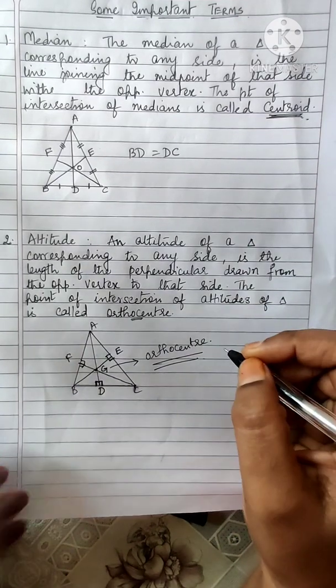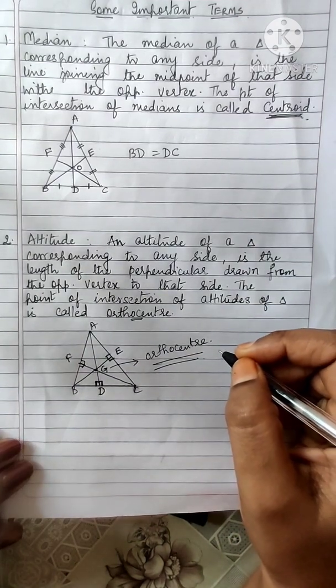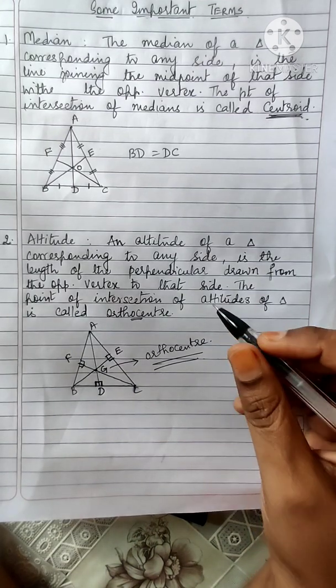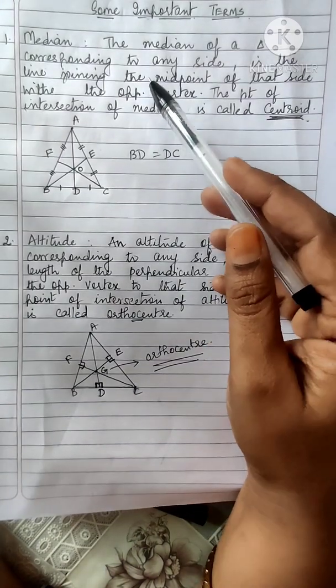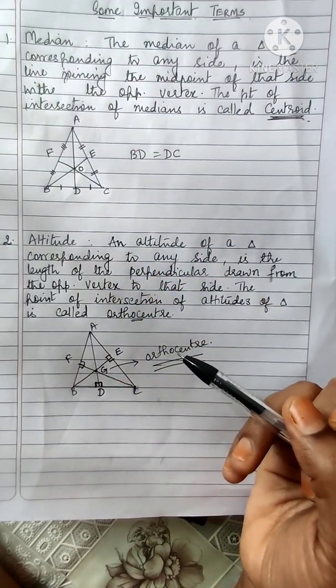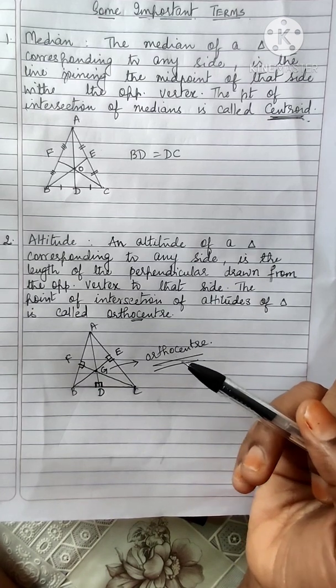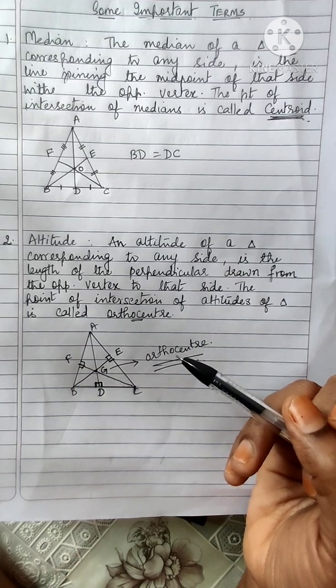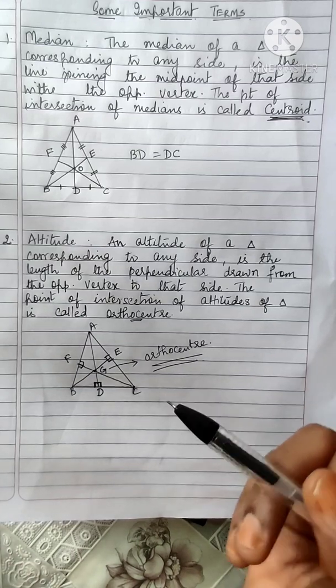And the point of intersection of angle bisectors, we call it the incenter. So these are the few terms which you should know: median, altitude, perpendicular bisector and angle bisector. Perpendicular bisector bisects the side as well as it makes an angle of 90 degree. Angle bisector will only bisect the angle.